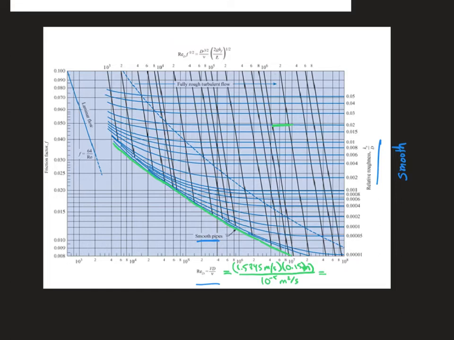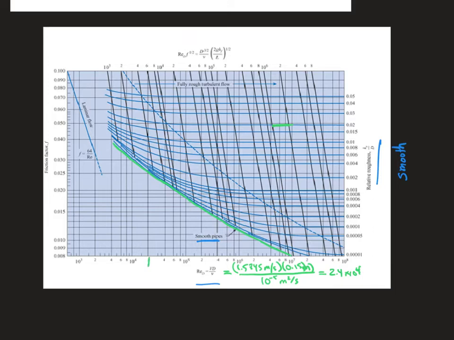So our Reynolds number is 2.4 times 10 to the 4th. That's ultimately pretty low, but not so low as to not be turbulent. So we don't really need to worry about that. So 2.4 times 10 to the 4th.